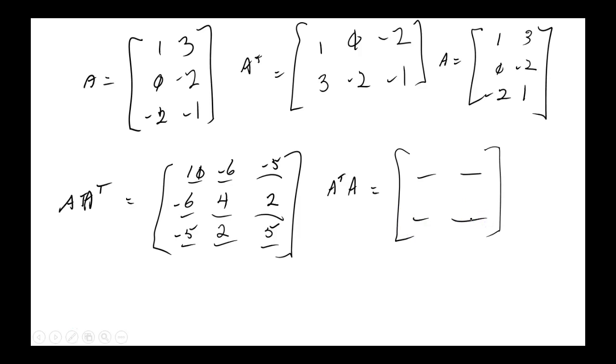What's the first entry? 5. The 1, 2 entry? Help me, somebody. That'll be 3 minus 2, right?